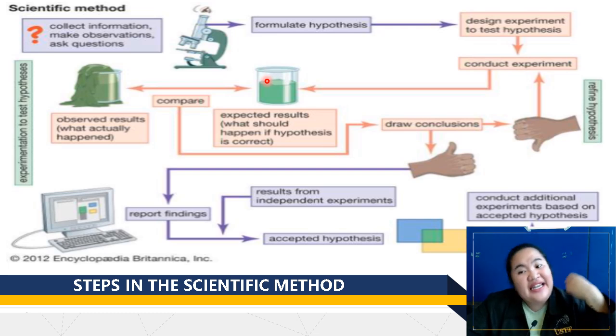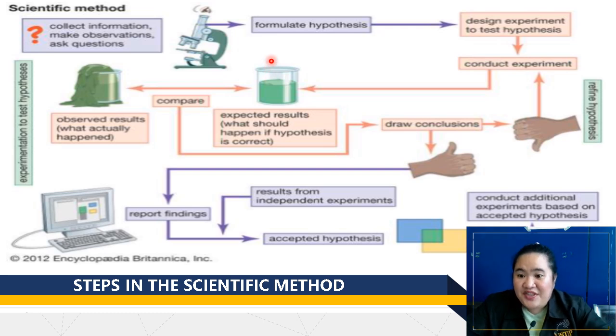Or another hypothesis, class, is that the fishes in Bitanag Creek are healthy. So with that hypothesis, you're going to design an experiment, to see whether your hypothesis is true or not.